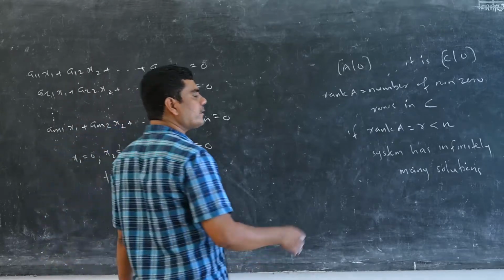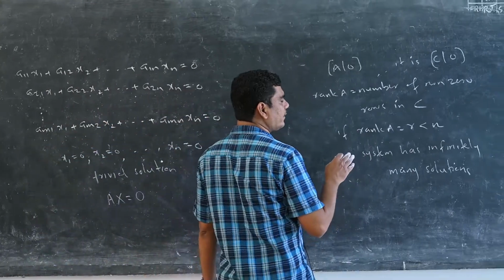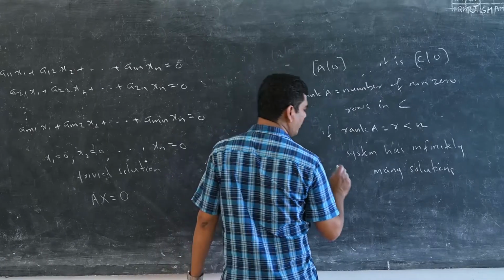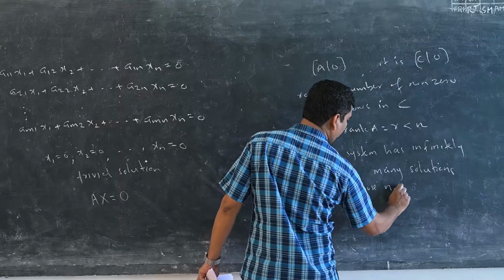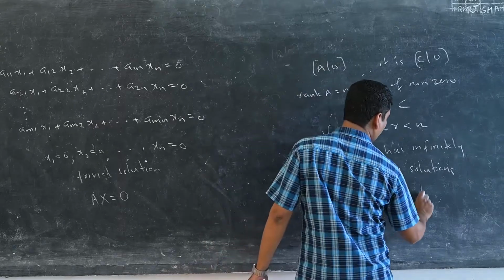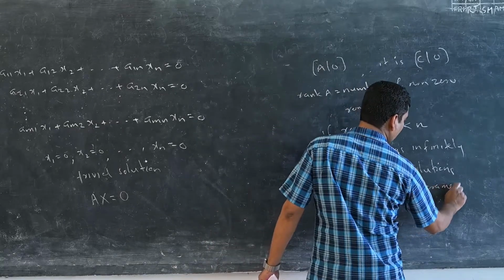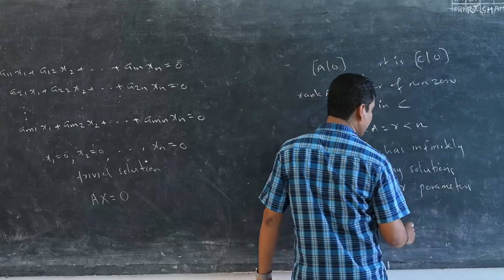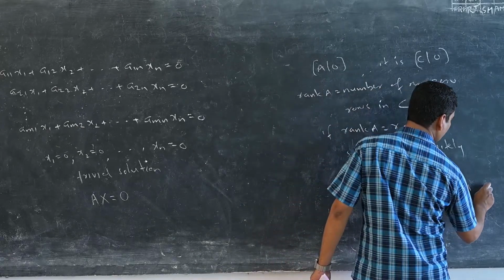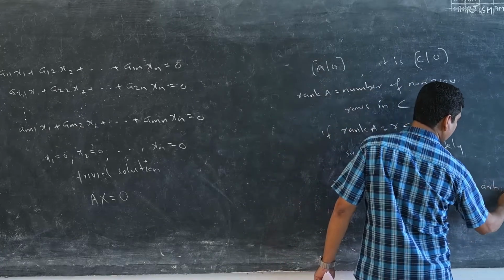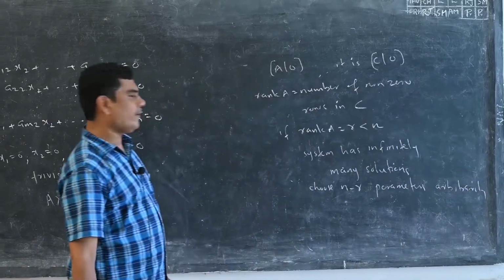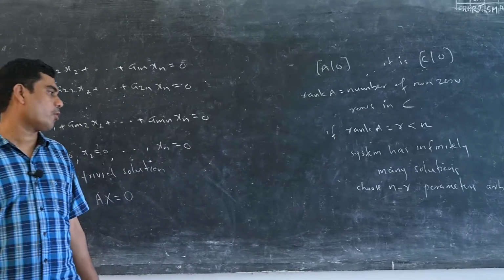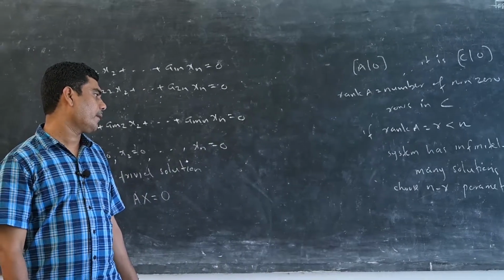In that case, like the non-homogeneous system, we choose n minus r parameters arbitrarily. If r is less than n, choose n minus r unknowns or parameters arbitrarily.